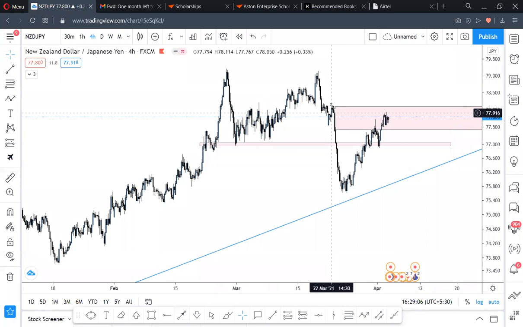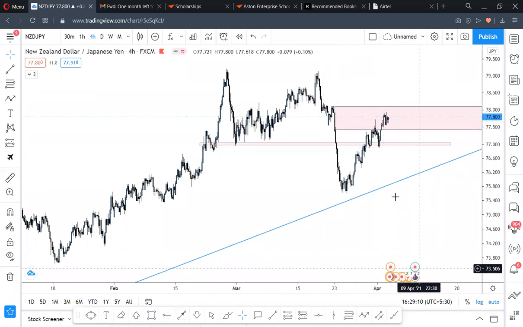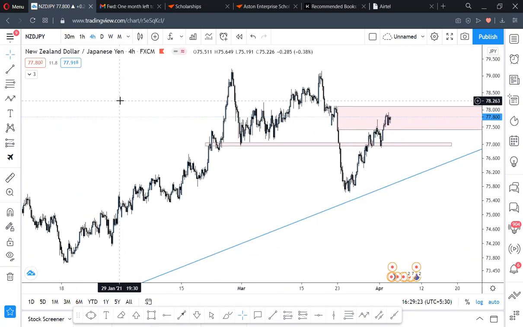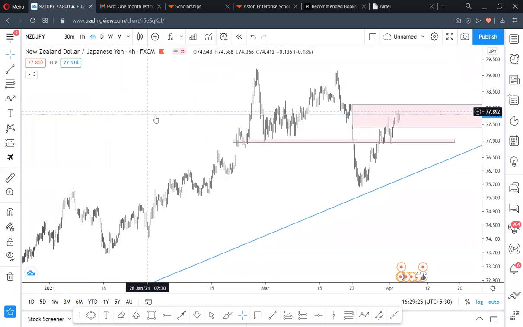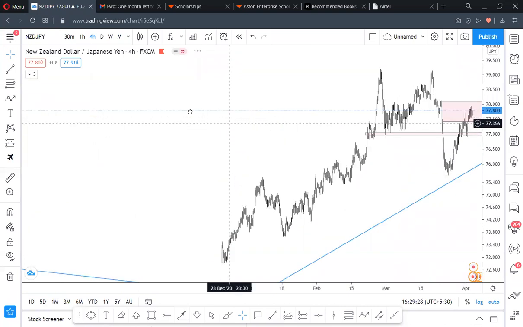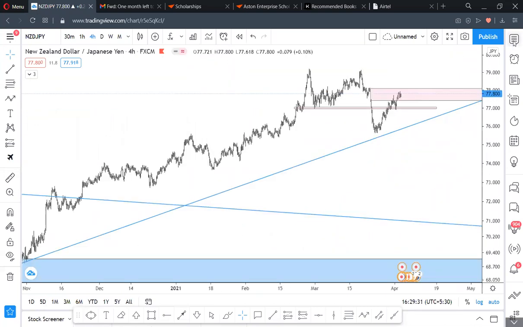This move was so strong, I was expecting a retest of it in the low, but if price finds itself below this zone, I'm looking to sell this market as well. But looking at how weak the yen is, it's quite a reason for you to wait, because the New Zealand dollar has been very strong over the week. So that is it for this instrument as well.